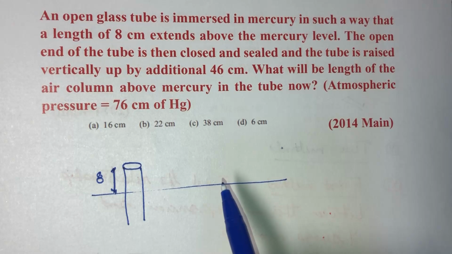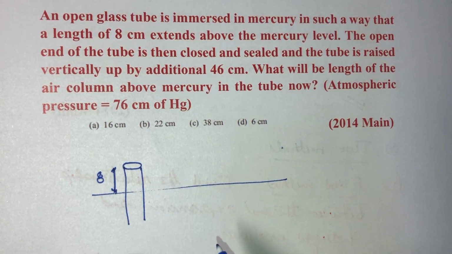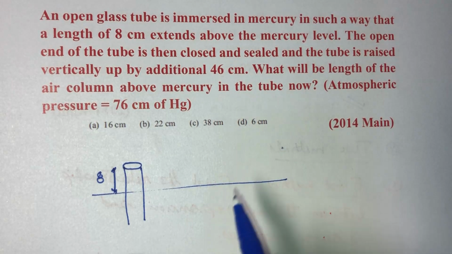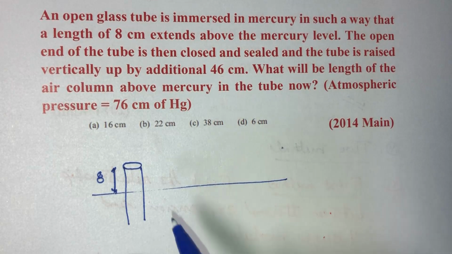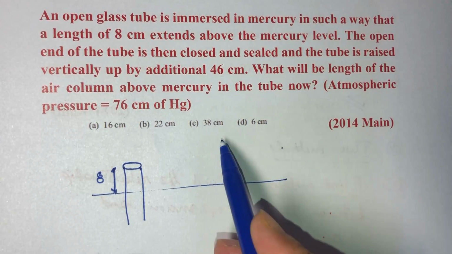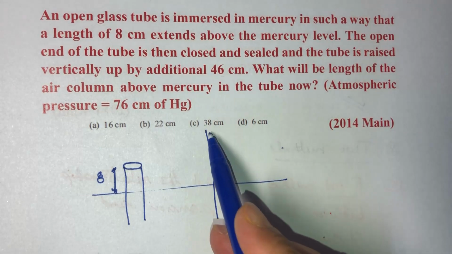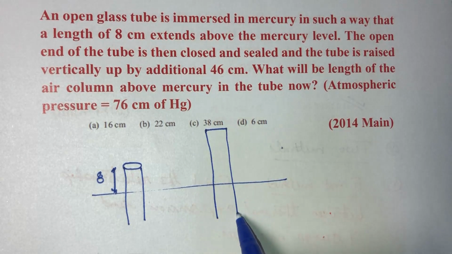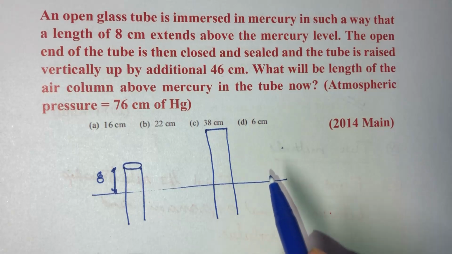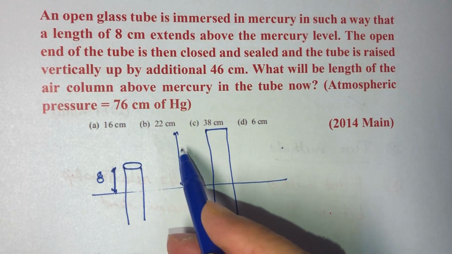And in the second case, it says that the tube is sealed, and then it is raised additionally by 46 cm. So the total length of the tube above the mercury will be 54. Now in this case the tube is sealed. So let us suppose this is the sealed tube, and the total will be 54.